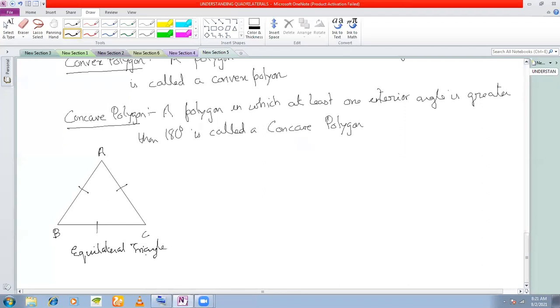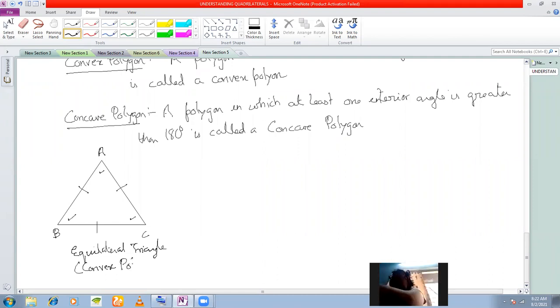Is this a convex polygon or a concave polygon? Each interior angle is 60 degrees, which is less than 180 degrees. So this is a convex polygon.